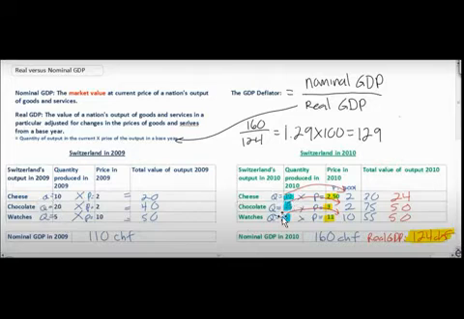From 10, naging 12. From 20, naging 25. Watches, constant siya. 5 pa rin. Okay? And at the same time, nagkaroon din ng increase sa price. From $2, naging 2.50. From 2, naging 3. From 10, naging 11.